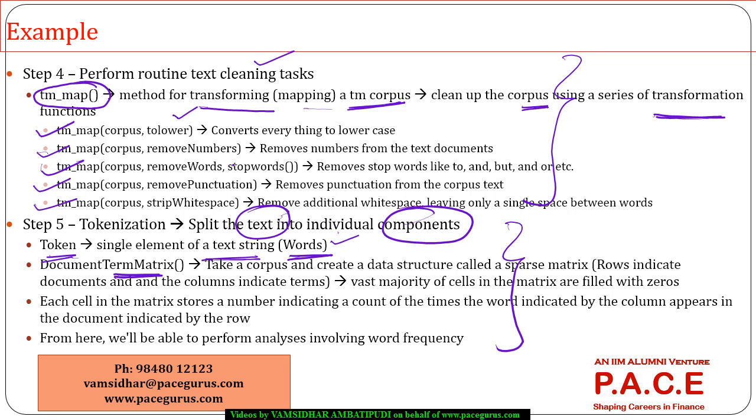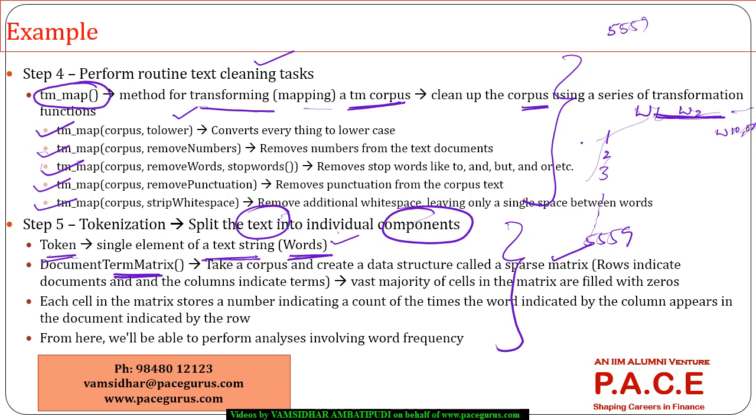It takes a corpus and creates what is called a sparse matrix. Why I call it a sparse matrix: there are 5559 rows, 1, 2, 3, and so on up to 5559. And all the words, word 1, word 2, and so on, let's say 10,000 words altogether.